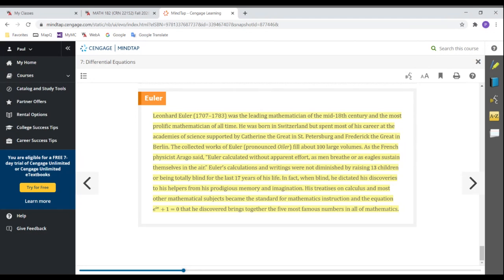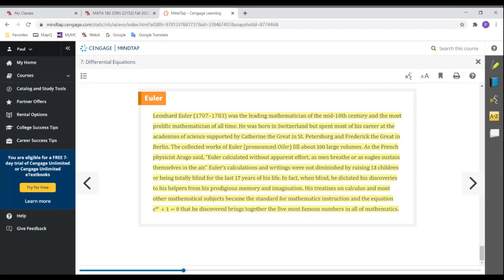It says here, a lot of interesting things. It says his treatise on calculus and most other mathematical subjects became the standard for math instruction. Okay, and there are volumes of his work.